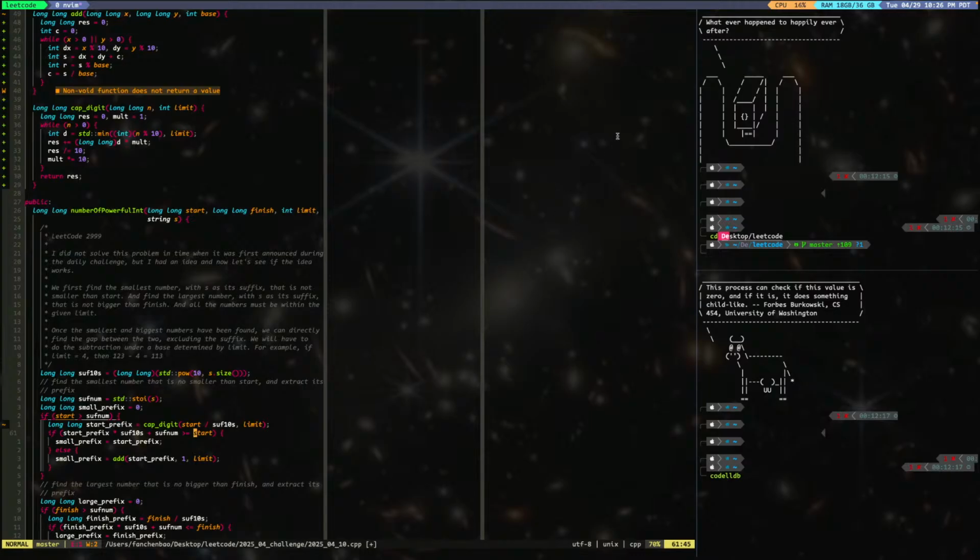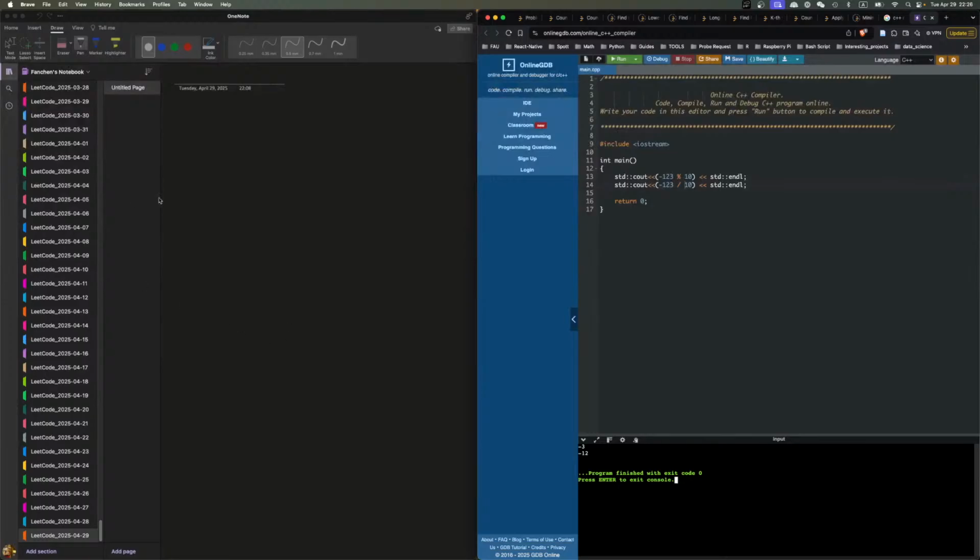Can we have an example? I'm trying to think, but the example is, let's say the cap, its limit is 4, okay, and your small, let's say, is 98765, okay, then you have the suffix 1, 2, 3.